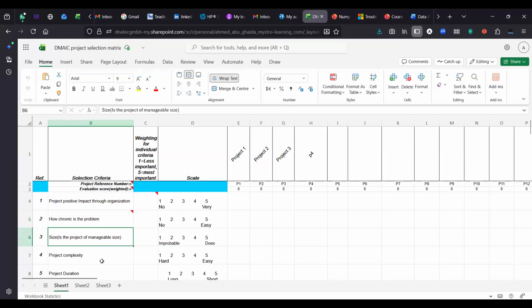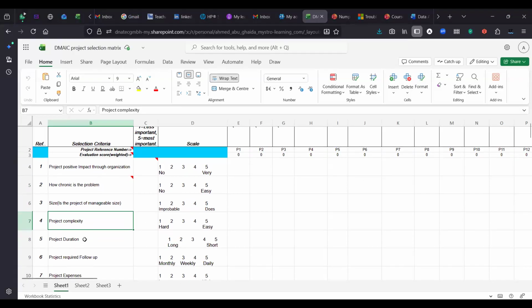The size of the project itself: is it a project of manageable size? Do we have the appropriate number of people to manage this or not? Project complexity, whether it's touching a single department or multiple departments, cost for sure, duration.